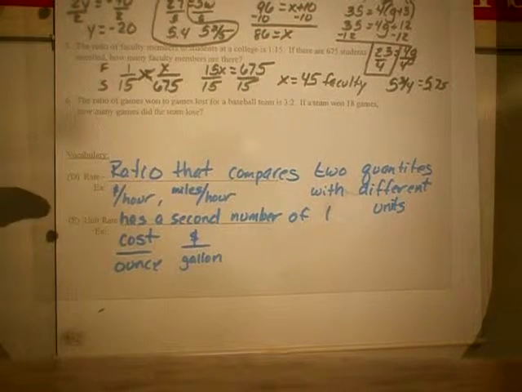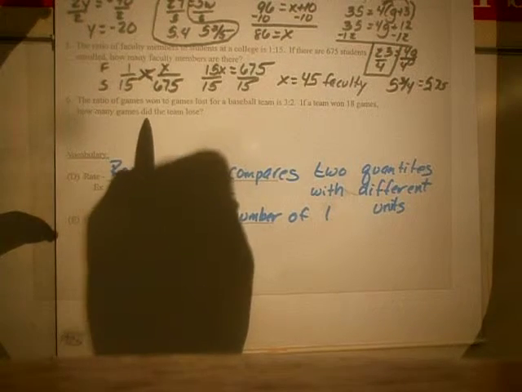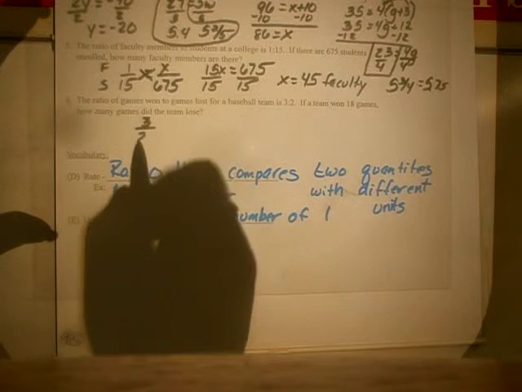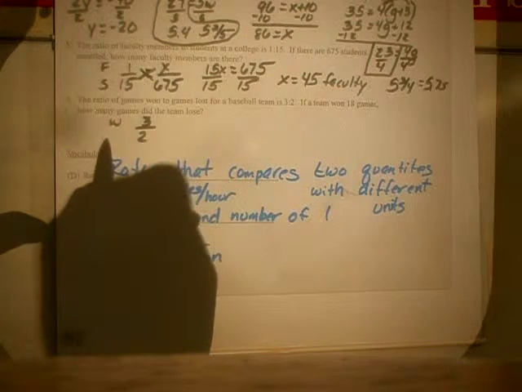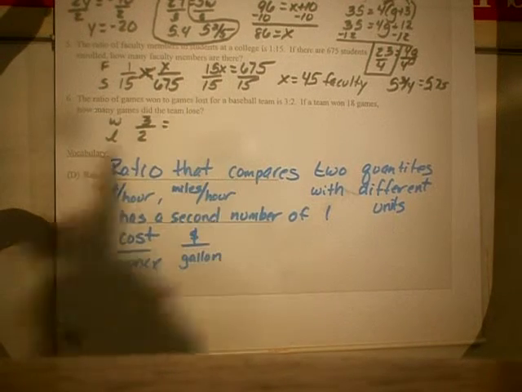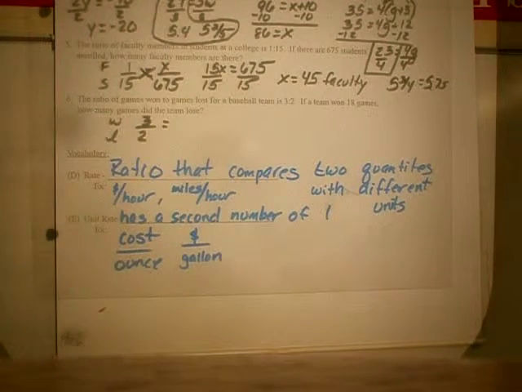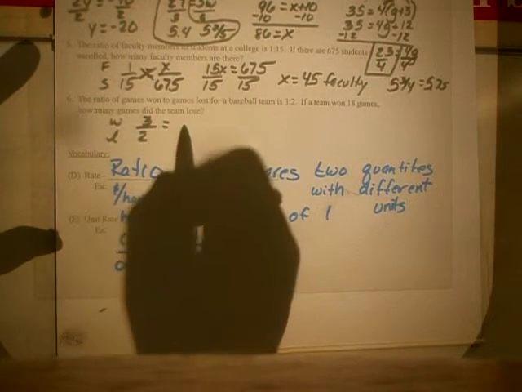Number 6, the ratio of games won to games lost for a baseball team is 3 to 2. And I'm going to put a little W over here to the left for wins and an L on the bottom for losses. And that just kind of reminds me which number stands for which item. If the team won 18 games, how many games did they lose? The little W on the top stands for wins.